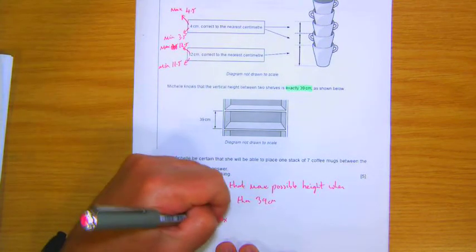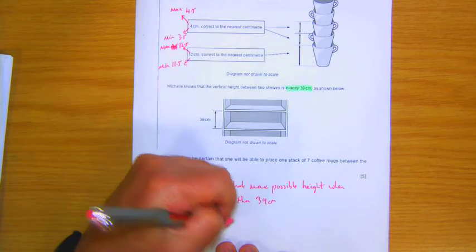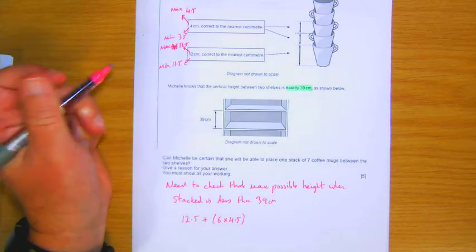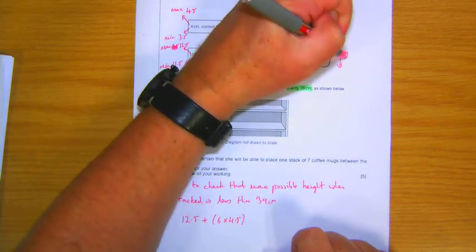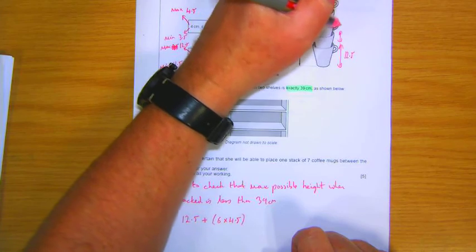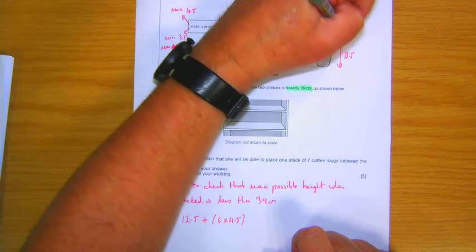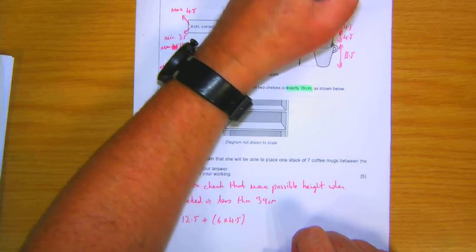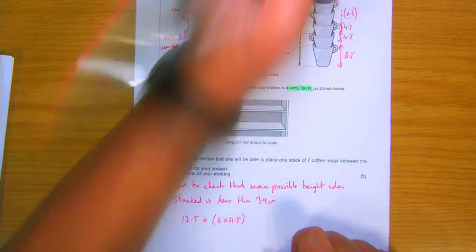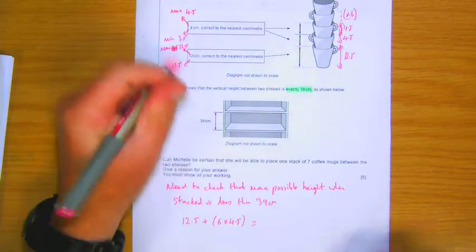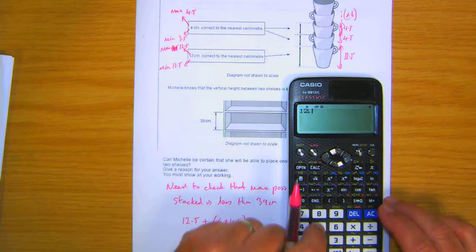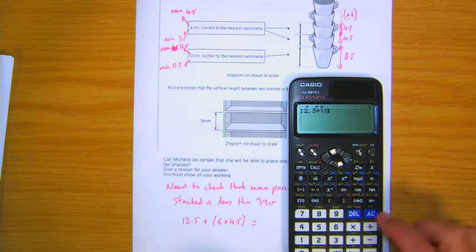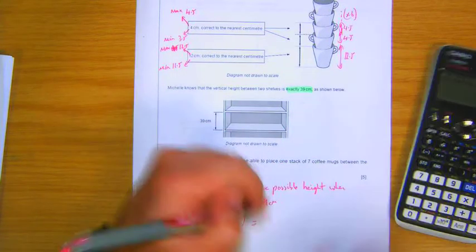So plus 6 lots of 4.5. So the 12.5 is this first one, and then we've got 6 lots of 4.5. So let's work out what that comes to. 12.5 plus 6 lots of 4.5 is 39.5 centimeters.